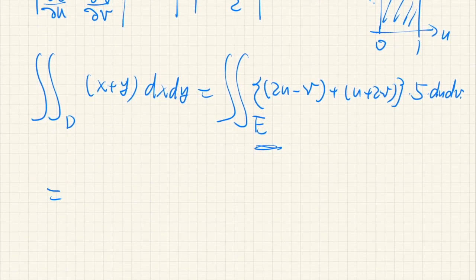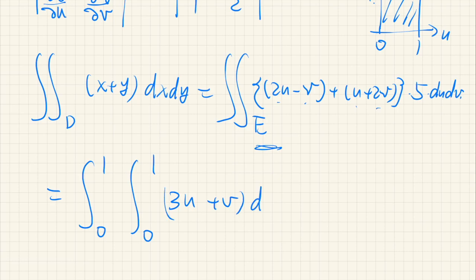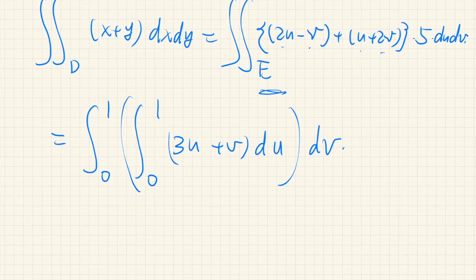Okay, so we can convert this into a simple iterated integral. 0 and 1, 0 and 1, so 2u plus u, that's 3u, plus negative v plus 2v, that's v, du dv, or whatever, it doesn't matter because the range is the same here.